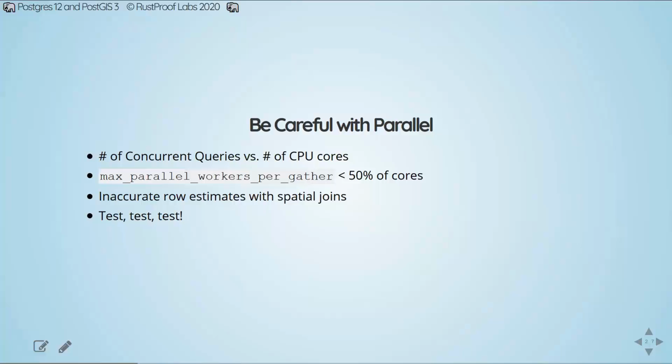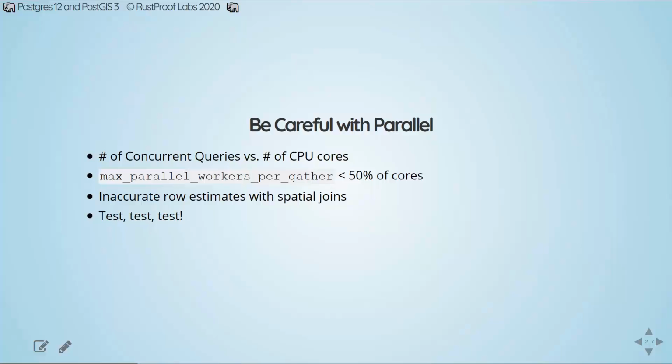And also, it's generally not productive to set the max parallel workers per gather higher than 50% of your cores. It just doesn't seem to benefit. Maybe on a small instance or a low usage instance with a small number of users, you might be able to see some edge case gains, but in general, keeping this parameter under half of your cores is probably the best bet.